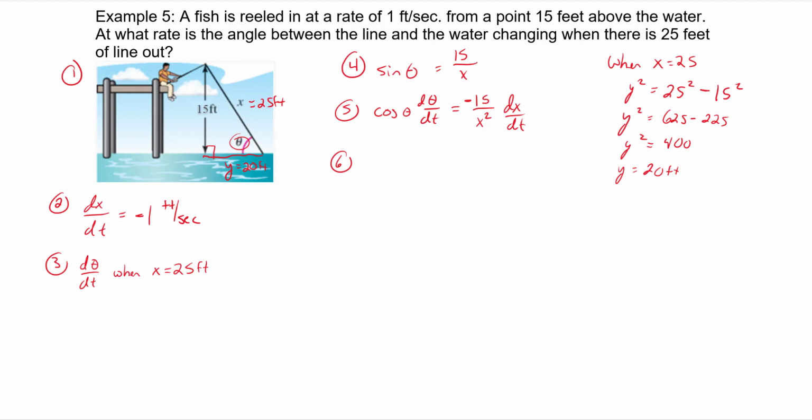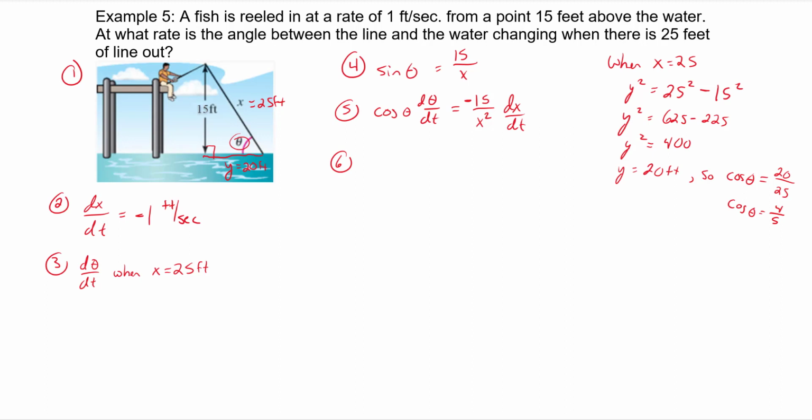Then what does that mean about cosine theta? Cosine theta, we just said, is y over x in this case. It's our adjacent over our hypotenuse. Our adjacent side is 20 feet, so it's 20 feet over 25 feet. Simplifying to make our life easier, cosine theta is 4 over 5.